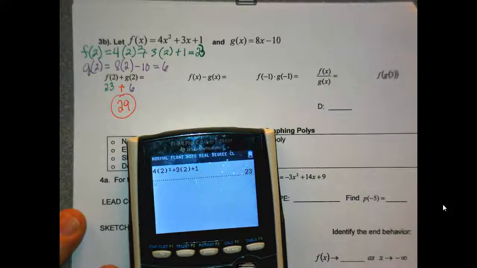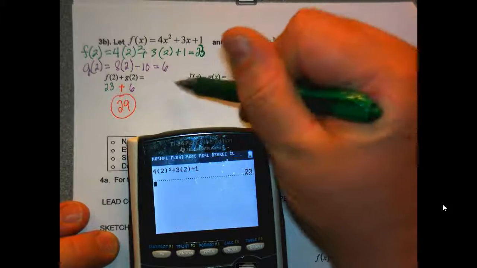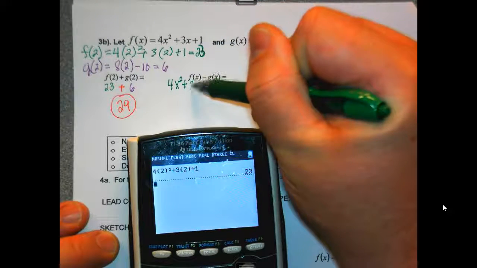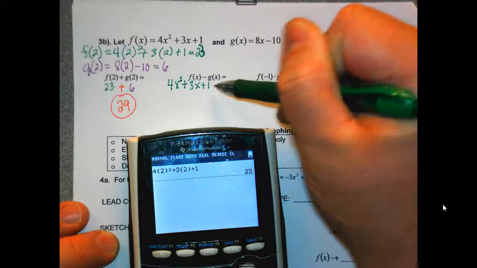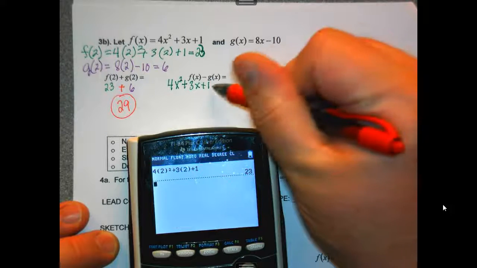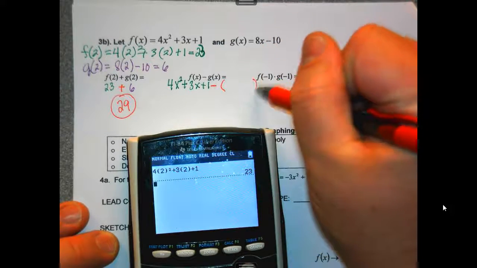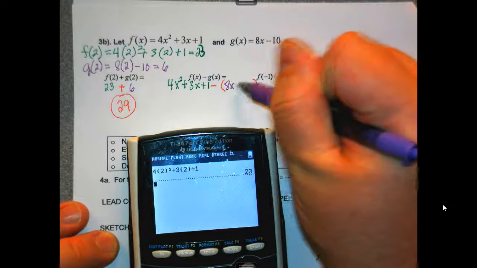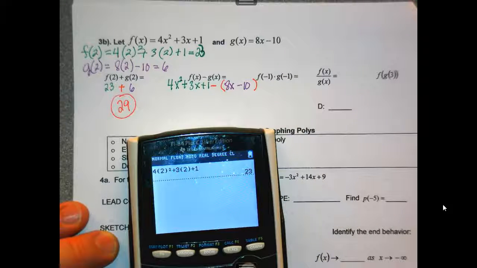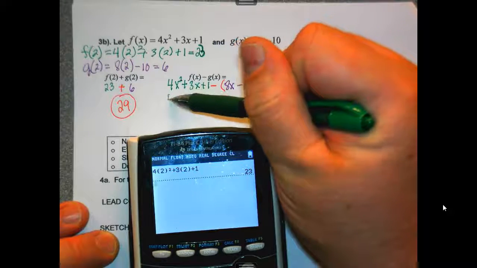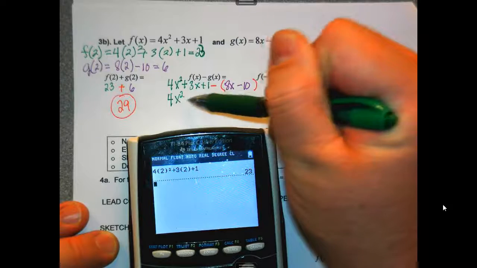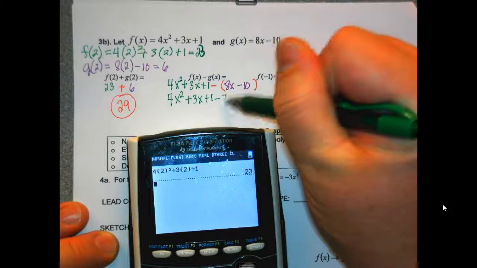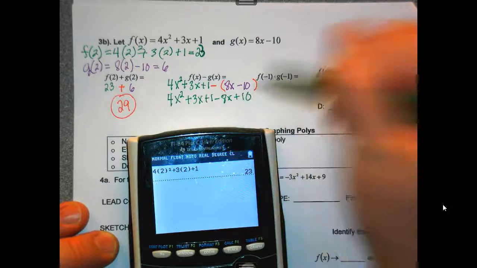Okay, so next one, I have the f of x, which is 4x squared plus 3x plus 1 minus the entire quantity 8x minus 10. They distribute the minus sign: 4x squared plus 3x plus 1 minus 8x plus 10.